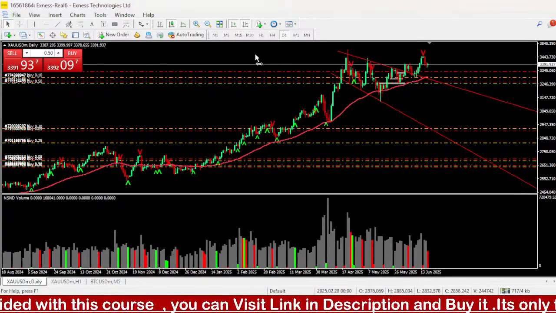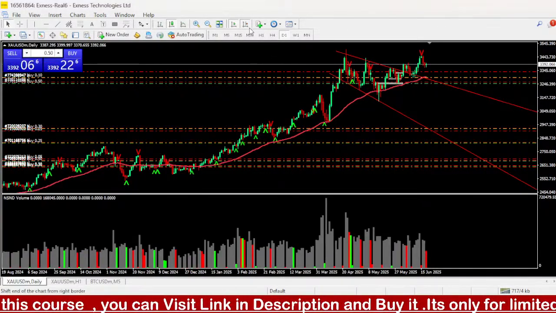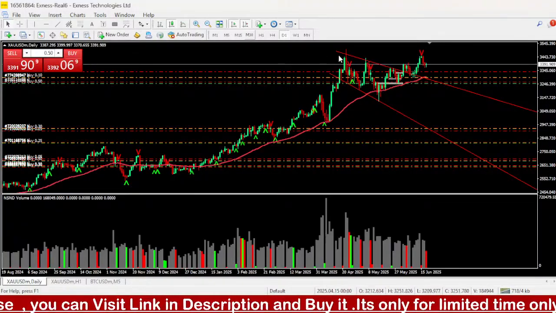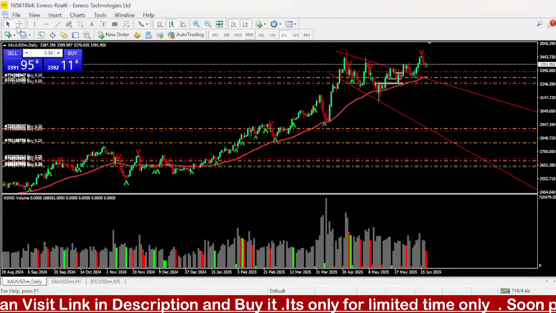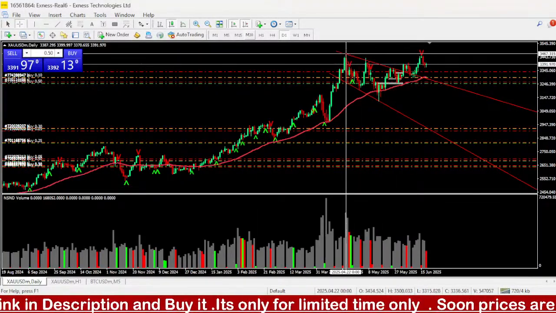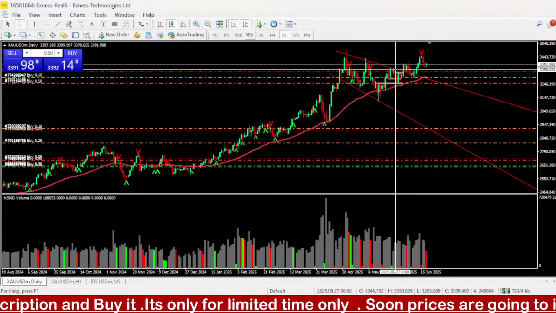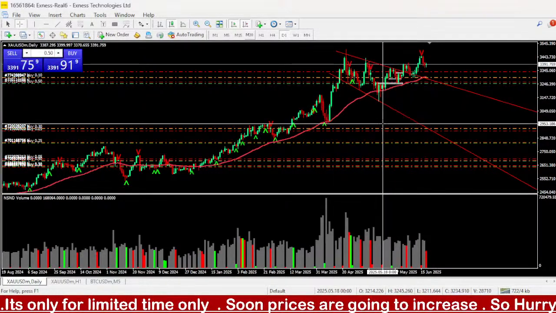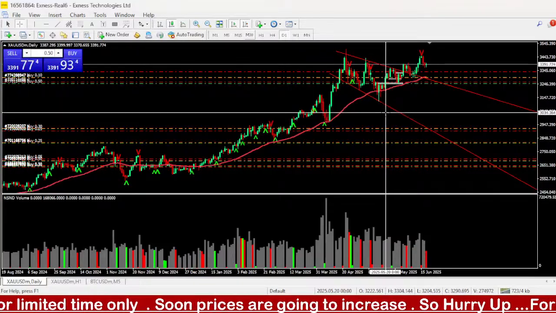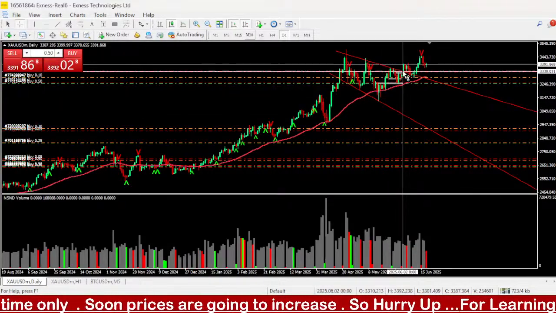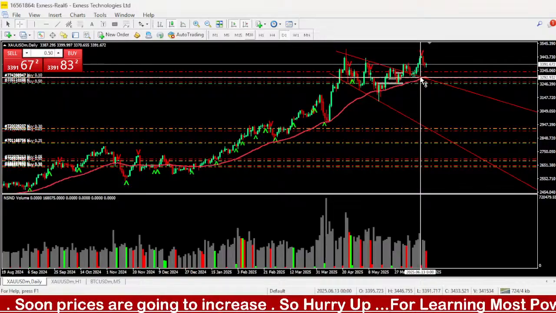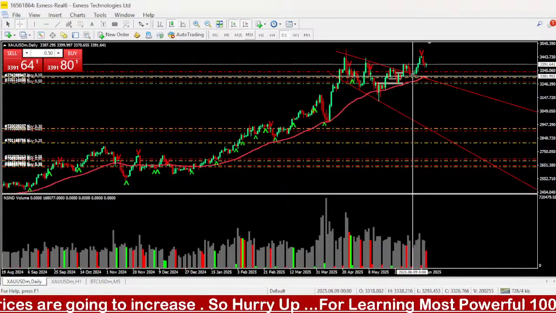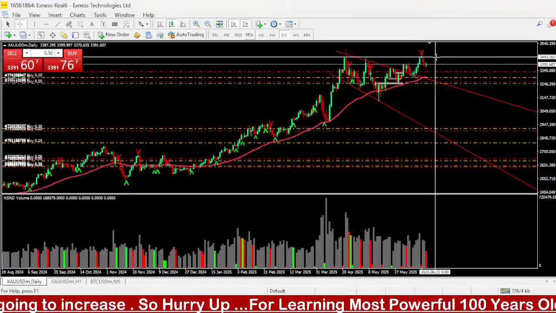And if we talk about gold analysis, then this channel was marked previously here. All these lines were perfectly marked, and now market break that level, retested that level, and then suddenly moves upside.